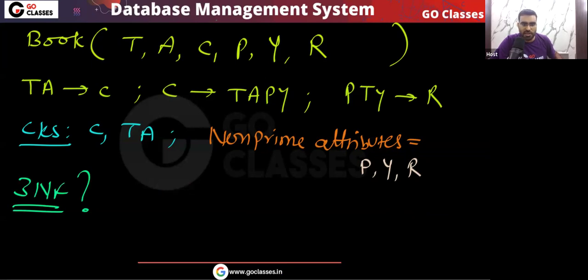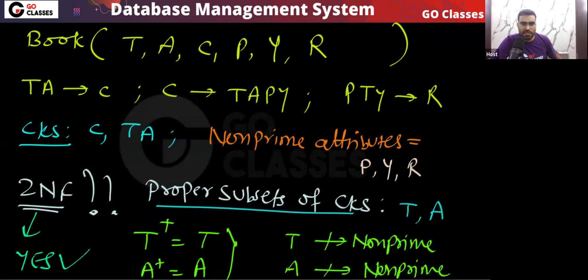For 3NF, what is the condition? What is the violation of 3NF? There is only one violation of 3NF.